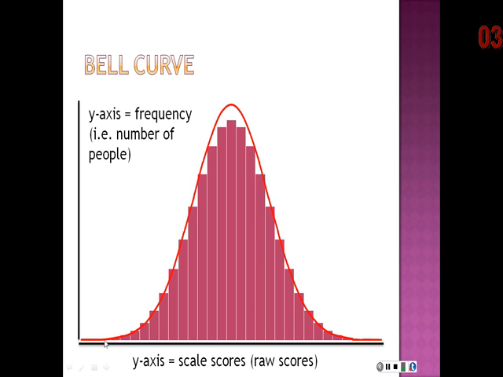So fewer people have much higher scores than average, and fewer people have much lower scores than average. That's what makes a distribution normal. And again, the bell curve is just the visual approximation of the normal distribution. We'll be using this little line throughout this talk.